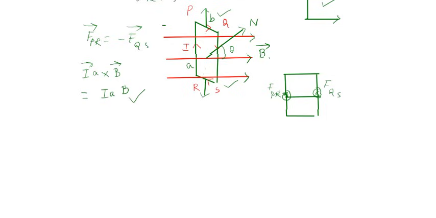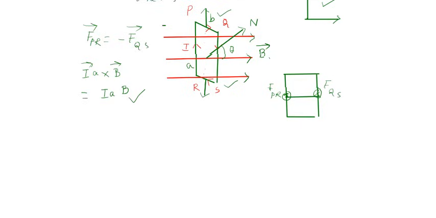As you can see here, when the plane of the loop is parallel to the magnetic field, FPR is outward and FQS is inward.